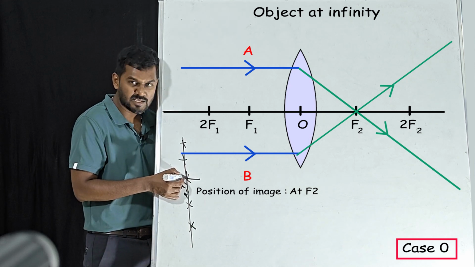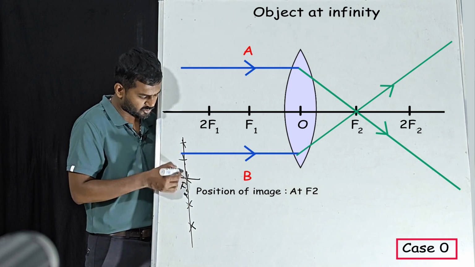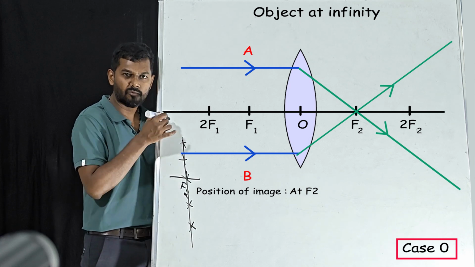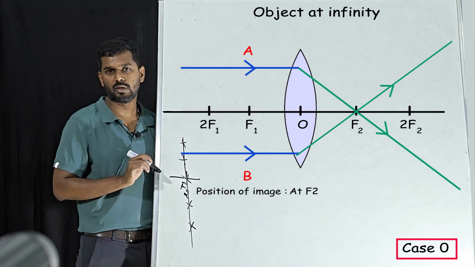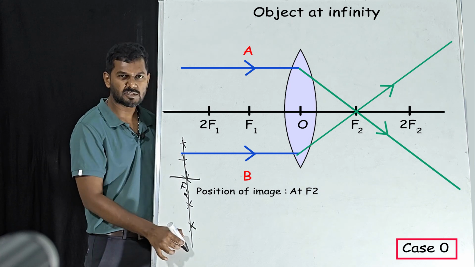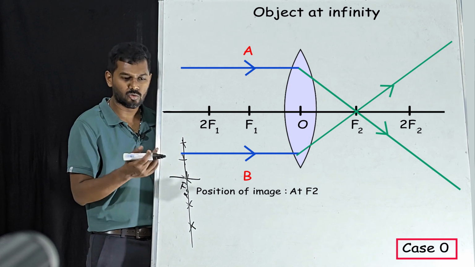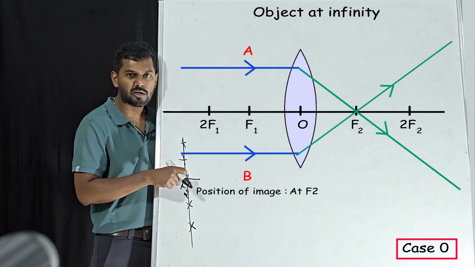If it is falling exactly on F2 or below F2 or above F2, exactly on that line, we call it at F2 only. The position of the image in all the cases will be at F2 only. There is no rule that it has to be exactly on F2.